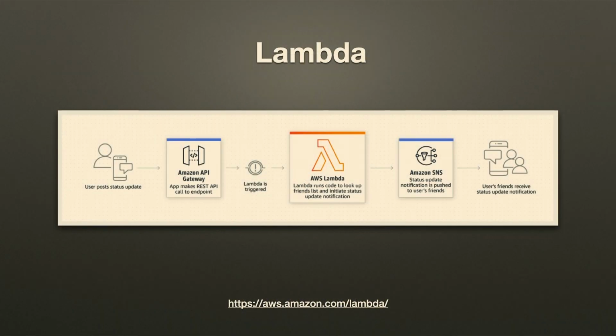Lambda is kind of similar. It's an event-driven compute service. It lets you run code in the cloud without having to manage the servers behind it. And similar to API Gateway, you're only paying for the runtime of that code. So if it takes 30 seconds, you're paying for 30 seconds of runtime. It's also part of the free tier, and the limits are pretty high.